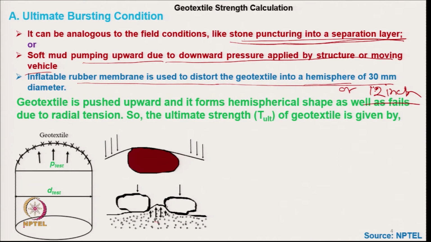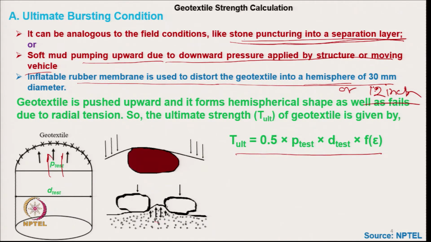So, geotextile is pushed upward and it forms hemispherical shape as well as fails during radial tension. So, we apply the pressure, but it fails due to tension. So, along with the pressure we must know the ultimate tensile strength, the T ult of geotextile, which is given by a similar expression which we have seen earlier.